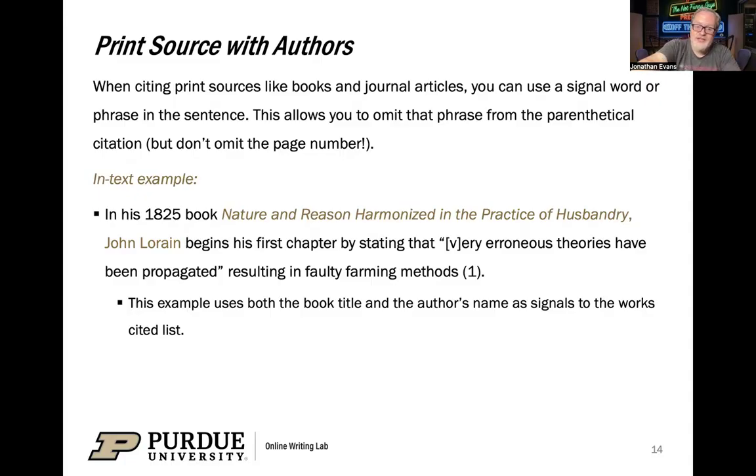Notice at the end here, in parentheses, we only contain the page number. That is still a legitimate citation method because we used the author's name earlier on. We do not have to use it again because we've already used him as part of the setup for the source.